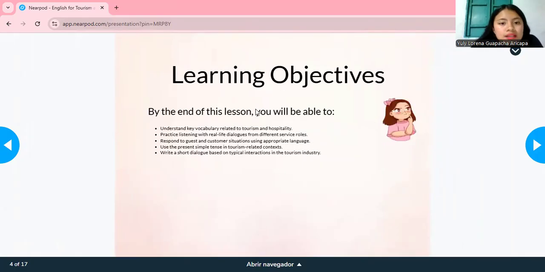By the end of this lesson, you will be able to understand key vocabulary, practice listening with real life, respond to guests in customer situations, use the present simple tense, and write a short dialogue based on a typical interaction in the tourism industry.